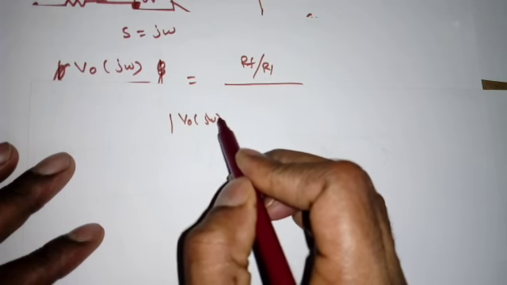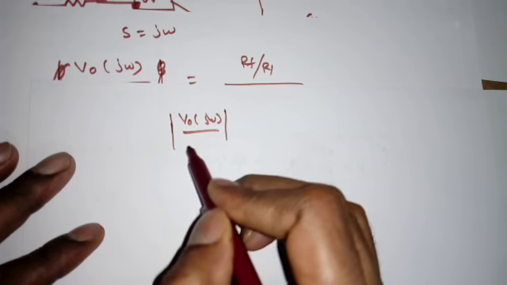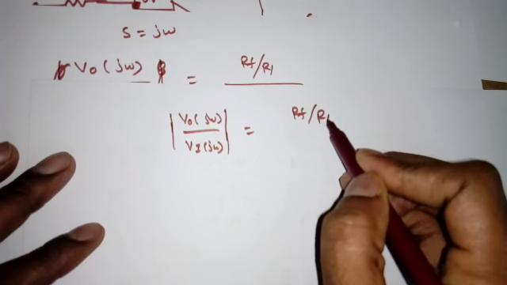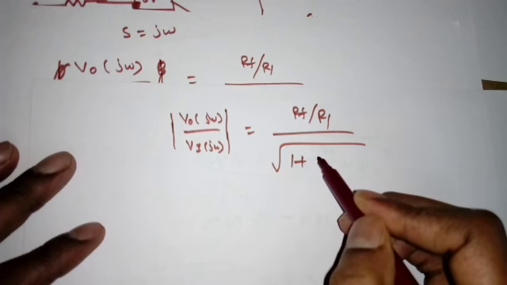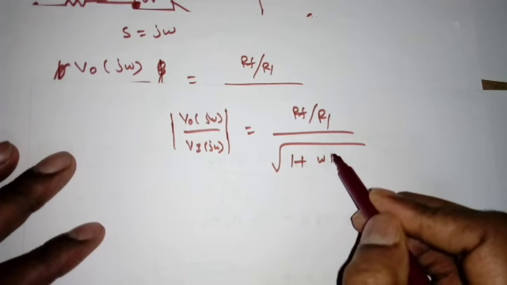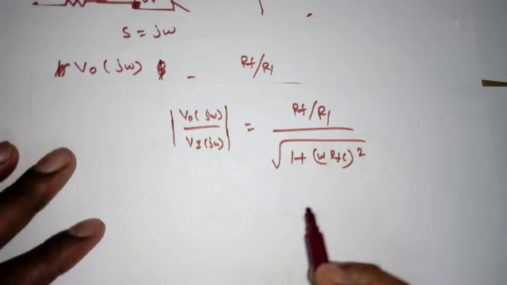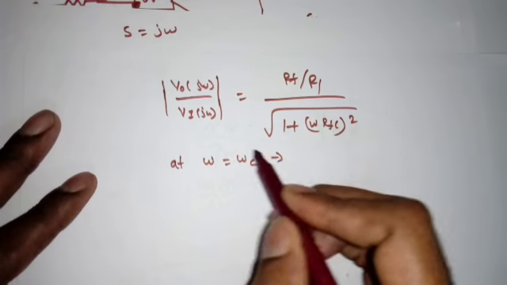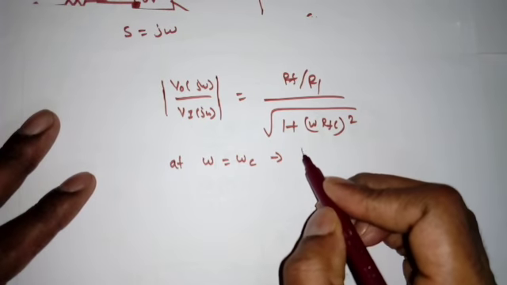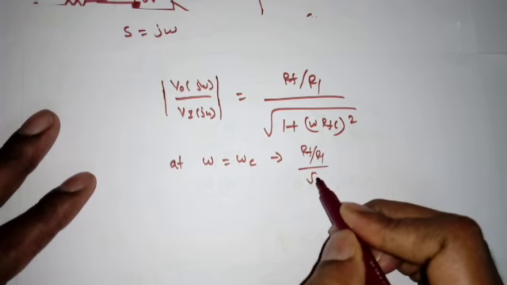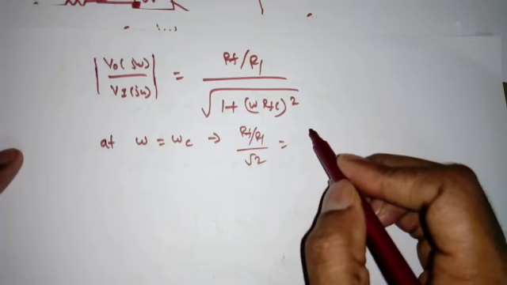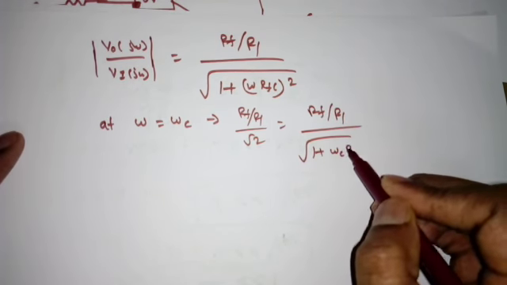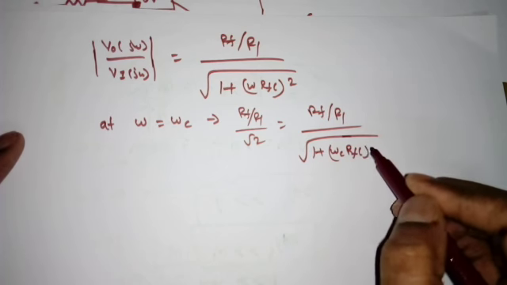V naught of J omega by Vi of J omega is equal to RF by R1 by square root of 1 plus omega RFC square. Now we know at omega equal to omega C or omega 3 dB, the magnitude will be RF by R1 by root 2. This magnitude is RF by R1 by square root of 1 plus omega C RFC square.